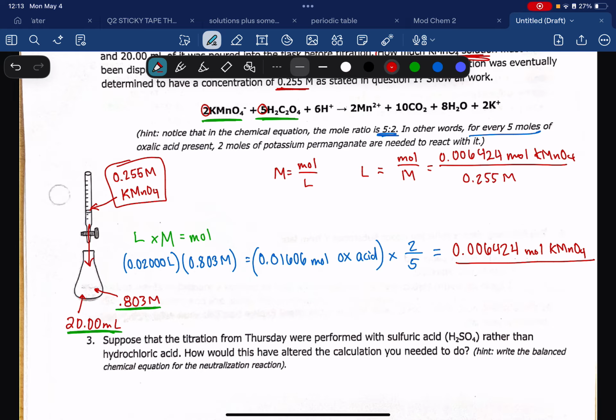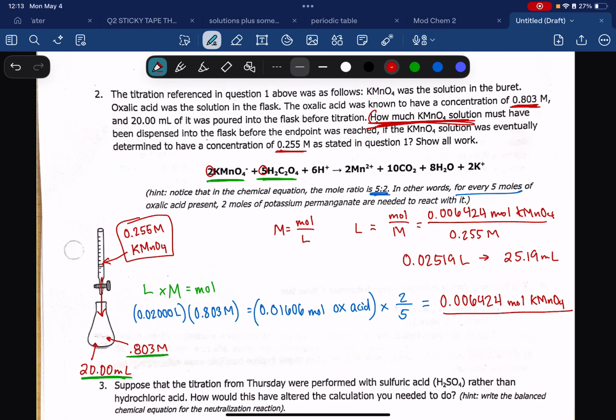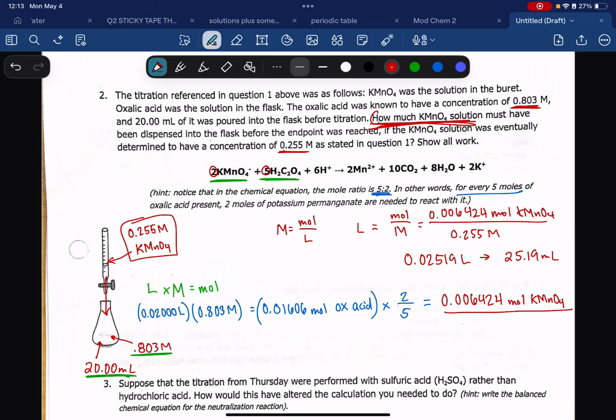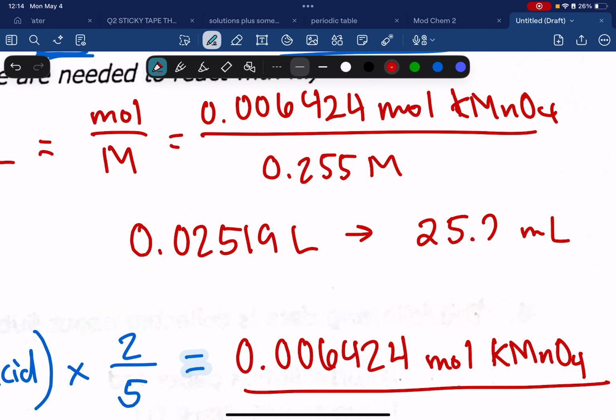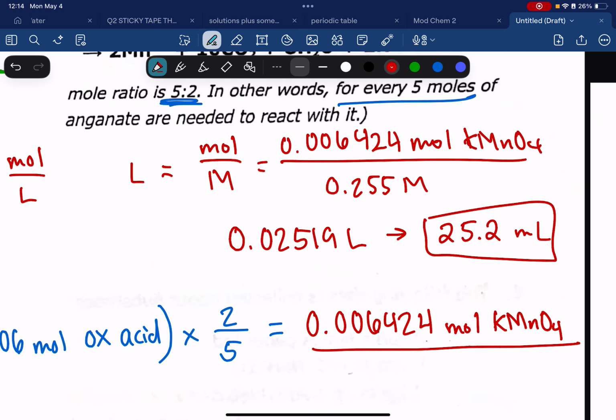And that should give me liters. All right, I got 0.02519 liters, which, if I convert that to milliliters, is 25.19 milliliters. Sig figs, this should go to 3 sig figs, so I'll go 25.2. And there's my final answer.